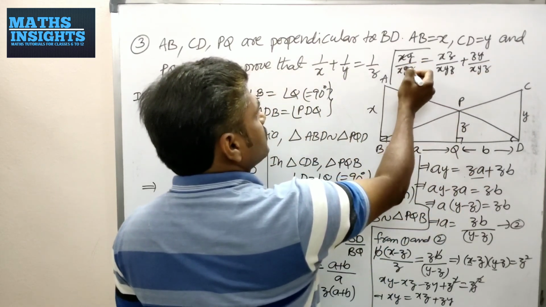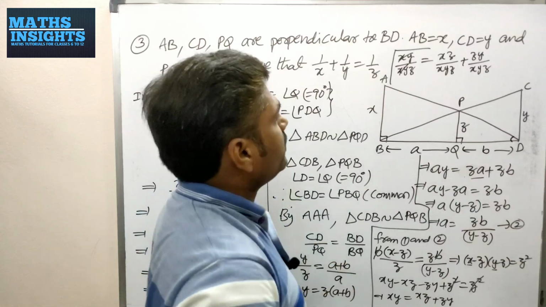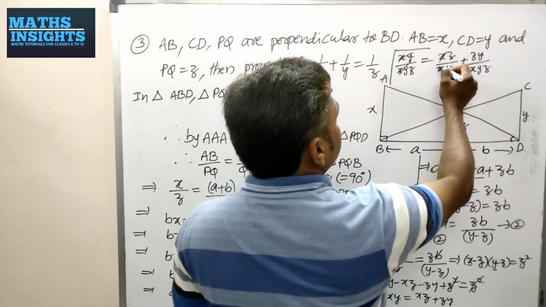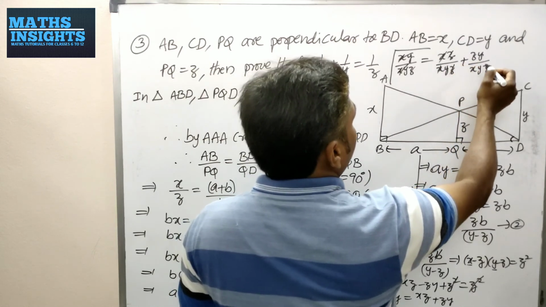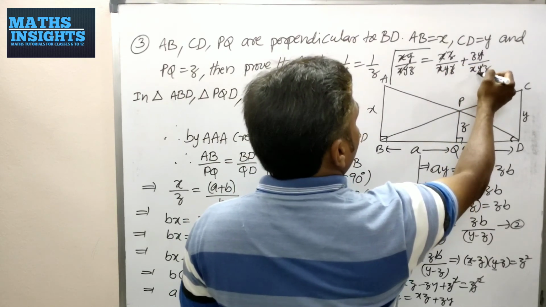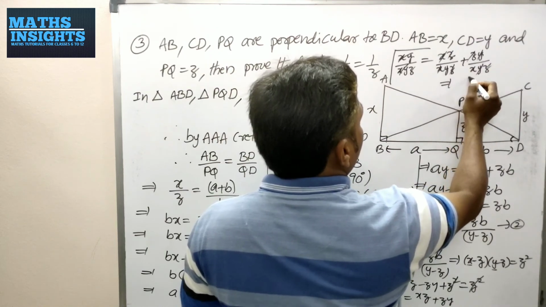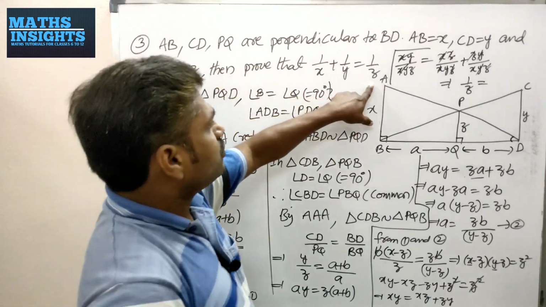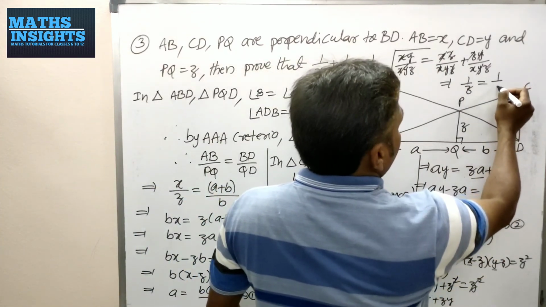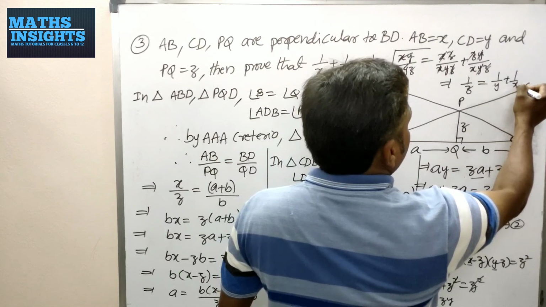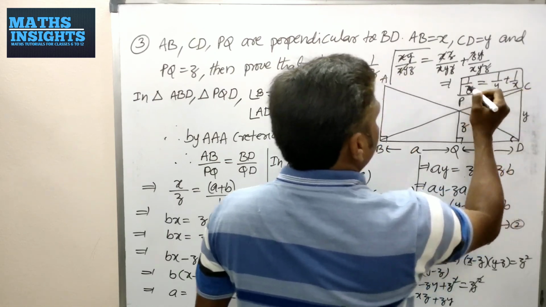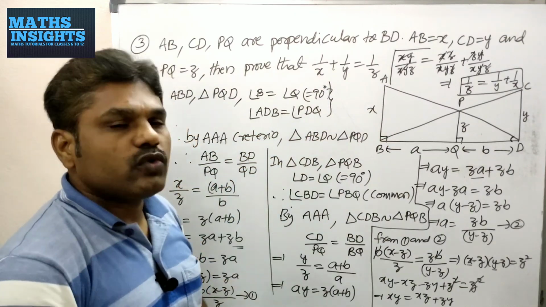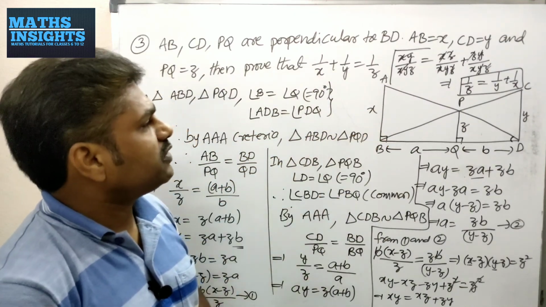If you cancel XY, you will have 1 by Z, and here 1 by Y, and here also you may cancel Z, that is 1 by X. So 1 by Z is equal to 1 by Y plus 1 by X, which is what you have to prove. So in this way you may prove 1 by Z is equal to 1 by X plus 1 by Y.